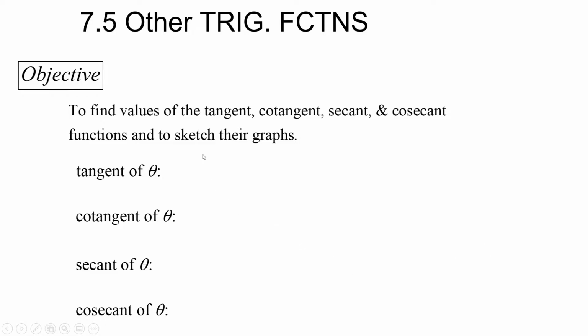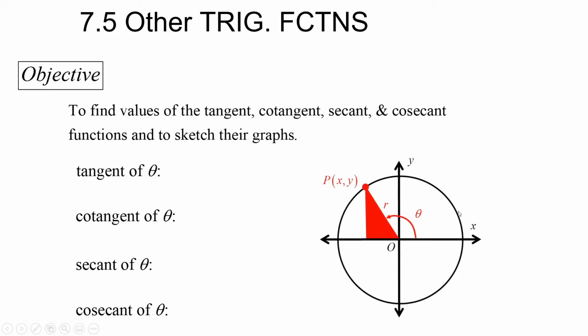Alright, so tangent of theta. Well, what is tangent of theta? Well, again, to get these other four trig functions, what I use are called reciprocal relationships. Here's my key diagram of a circle with a second quadrant right triangle. This is the diagram we use to do a lot of trigonometry here because of those algebraic definitions of sine and cosine.